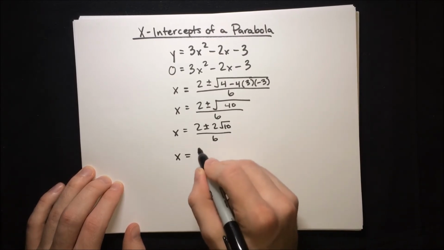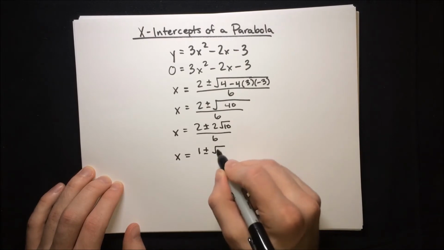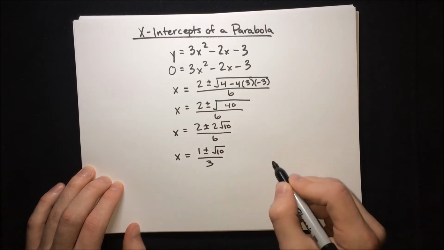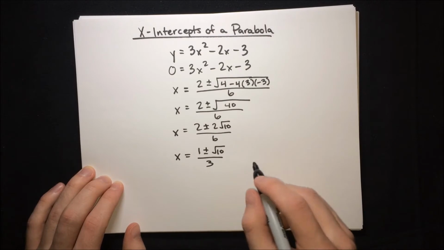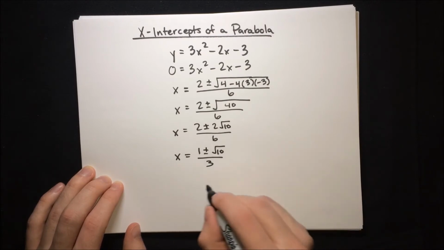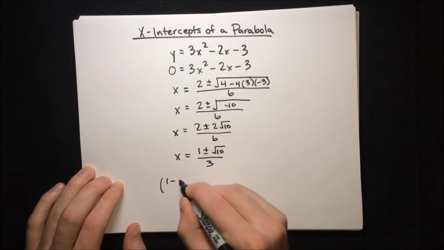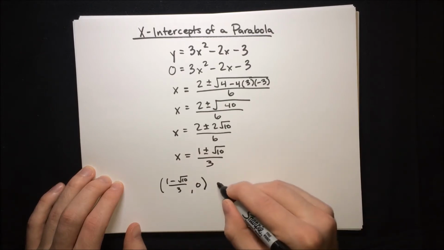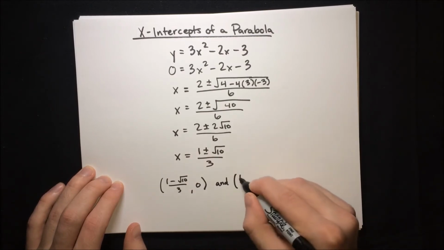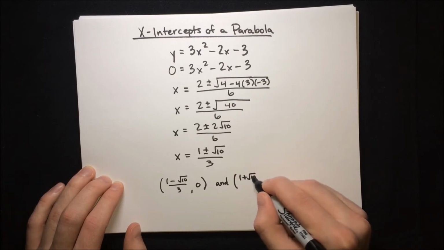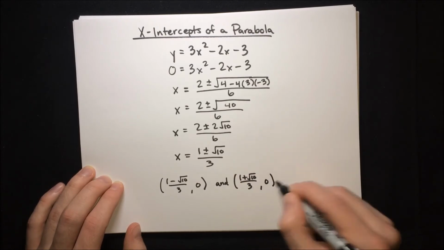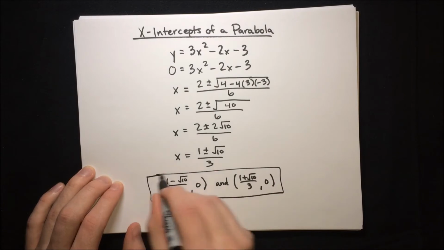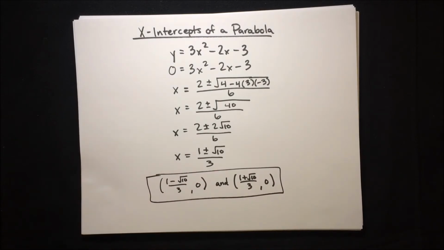So x equals 1 plus or minus root 10 over 3. So those are the x-intercepts. We've got the points 1 minus root 10 over 3, comma 0, and 1 plus root 10 over 3, comma 0. All done.